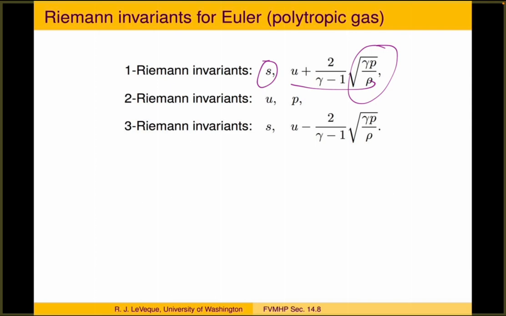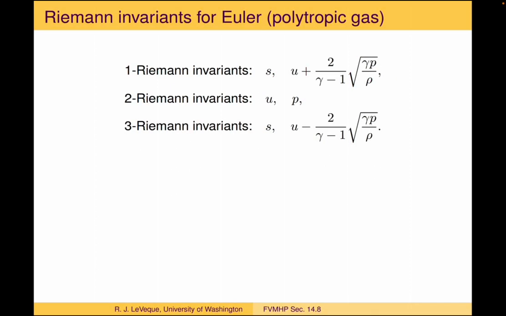And in the 3 waves, we also have S, the entropy, as a Riemann invariant, and a similar expression, but with a minus sign instead of a plus sign, for the other Riemann invariant. And then for the 2 waves, as we've just seen, the Riemann invariants are the velocity and the pressure, which are constant through any 2 wave.